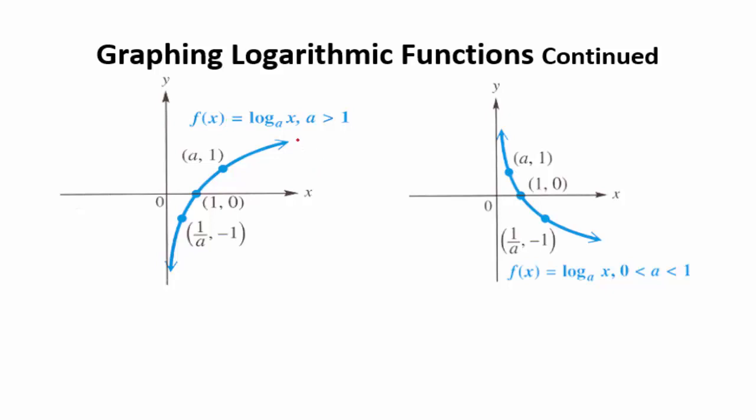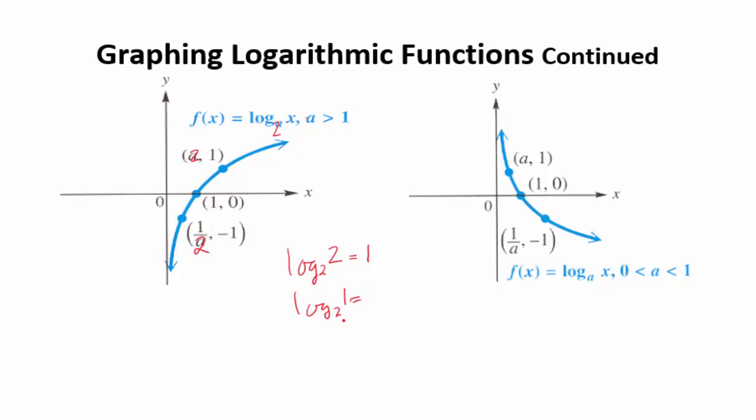Suppose your a is 2. So everything here becomes 2. So that's 2, and that's 1/2. Let's see if that's the case. What is the log of 2 to the base 2? Well, what did I raise to get 2? 1. What is the log of 1 to the base 2?